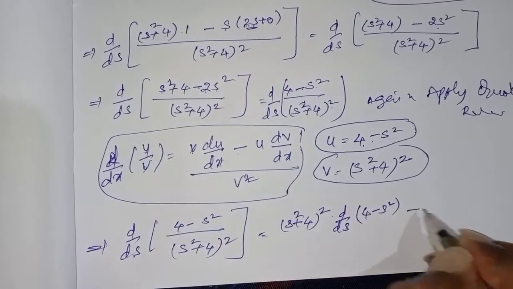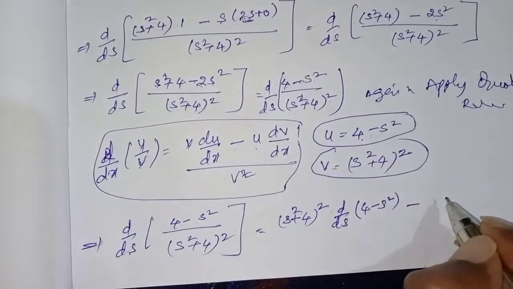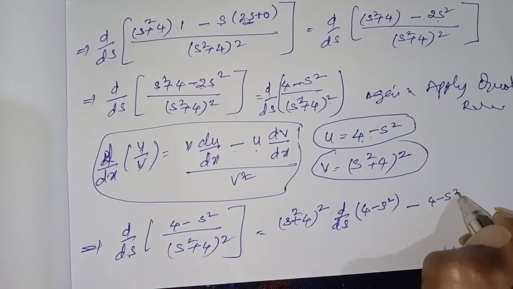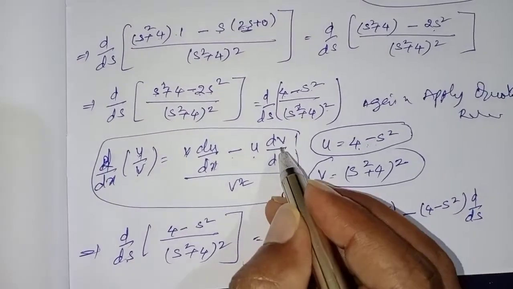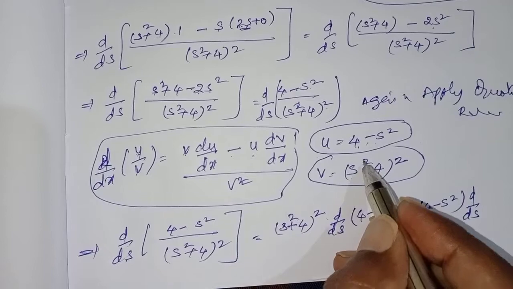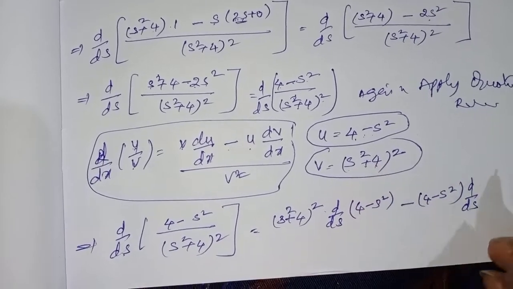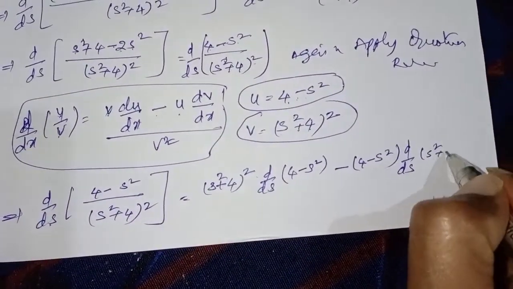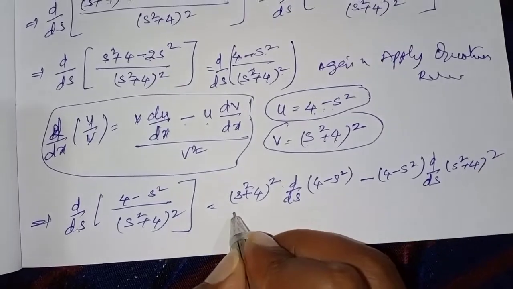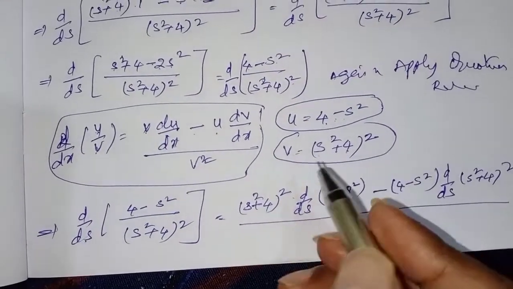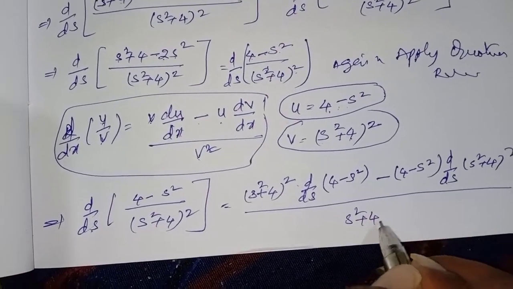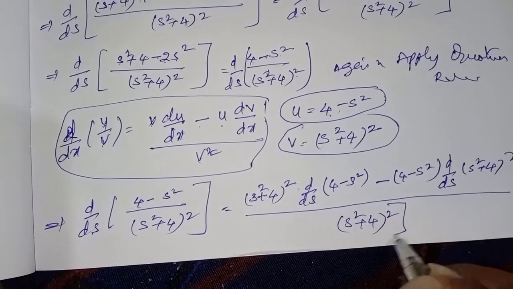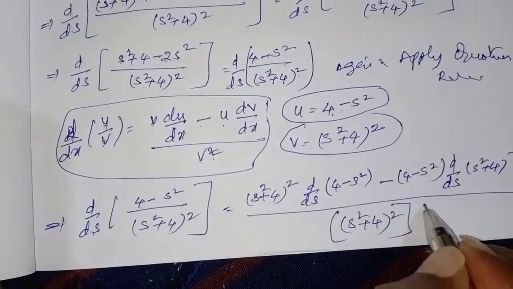Next minus u, again 4 minus s square, into d by ds of the v value, (s square plus 4) whole square, whole upon v square, where the v value is (s square plus 4) whole square, again squared.